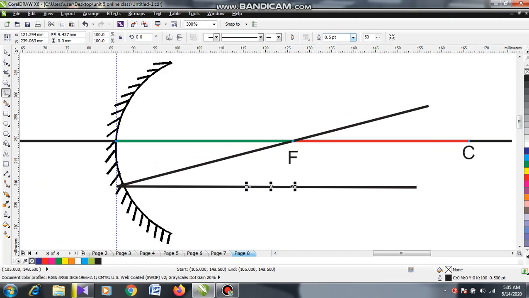And let's complete the arrows this way. Fine, so this is going to be your second diagram.